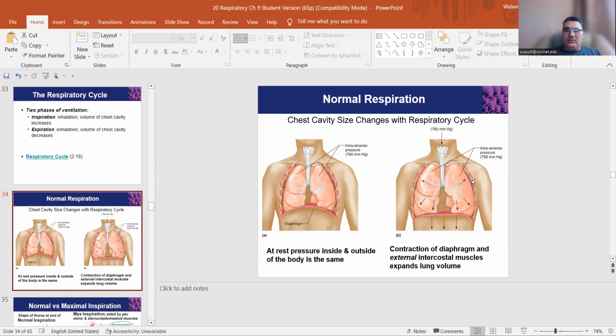It's the intercostal muscles in between the ribs, they contract, moving the ribs to make your chest wall bigger, larger. Same thing for the diaphragm. It moves down, making the diaphragm flat, also increasing the volume or the size of the chest.